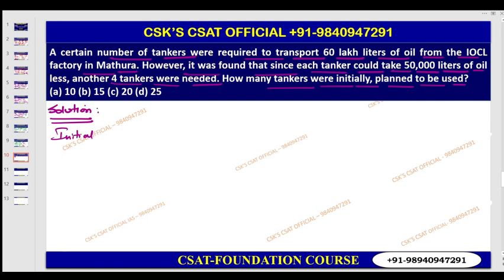So therefore initially this much x here transporting 60 lakh liter of the oil from the IOCL factory. However, it was found that each tanker could take 50k liter of the oil less here.